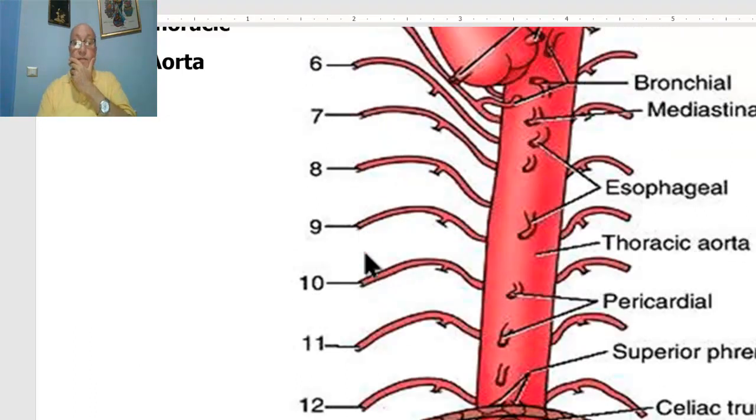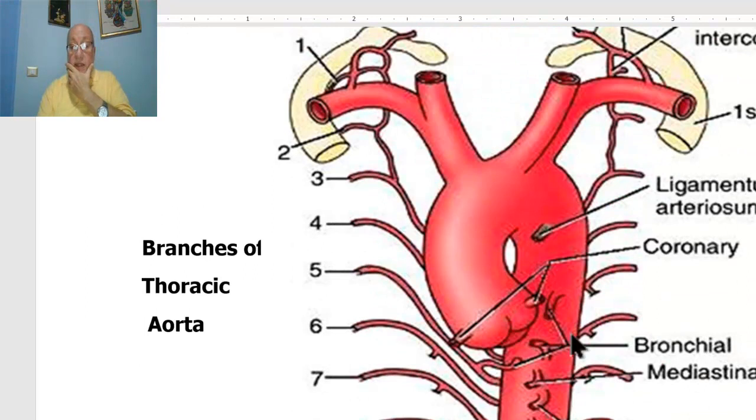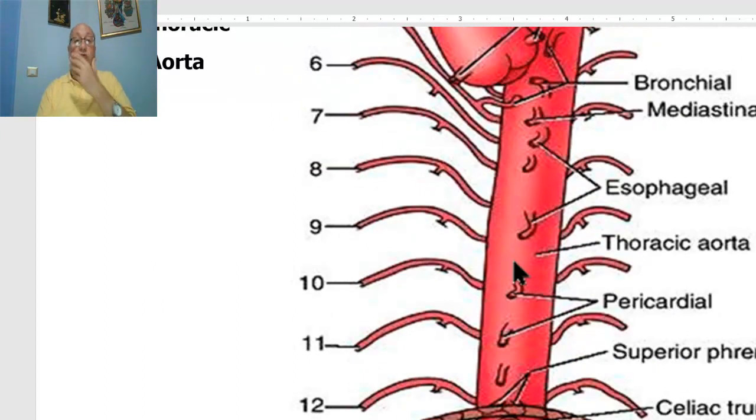It also gives, here, passing in front of the descending aorta, is the left main bronchus. The descending aorta gives to this left main bronchus two bronchial arteries. Then the aorta is closely related to the esophagus.